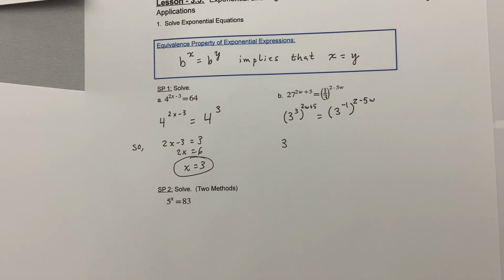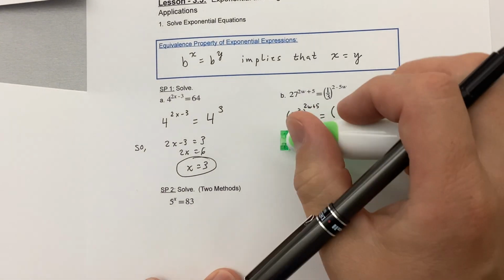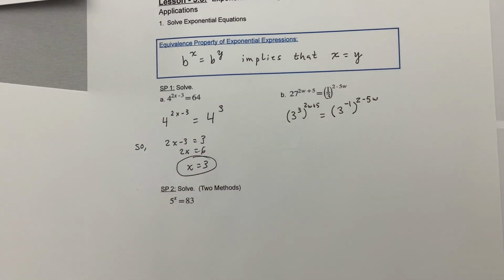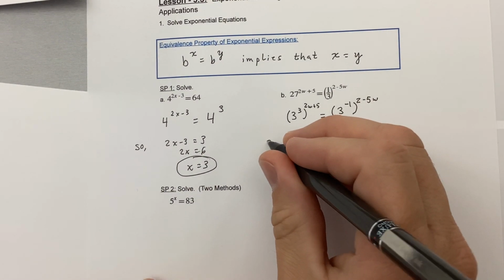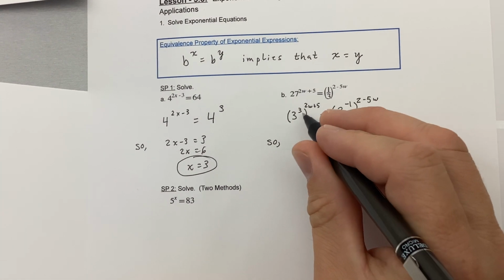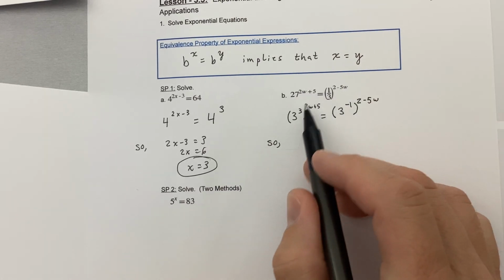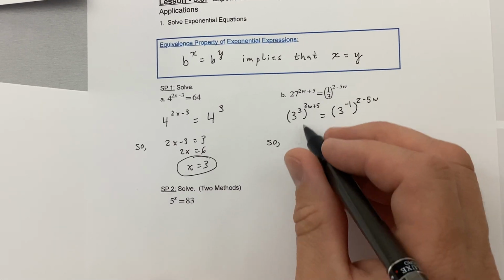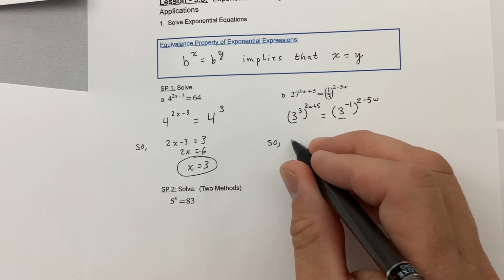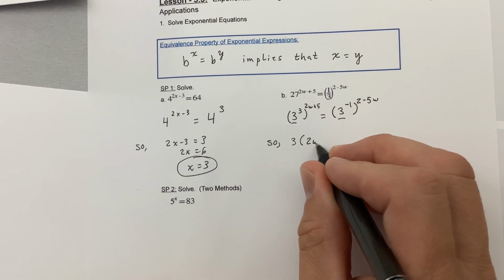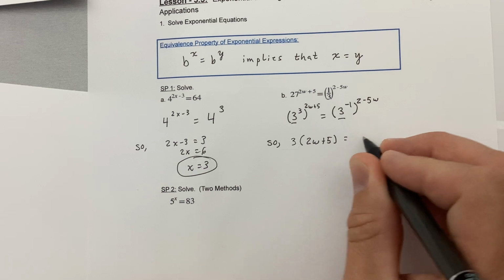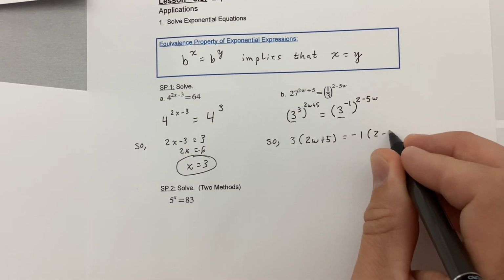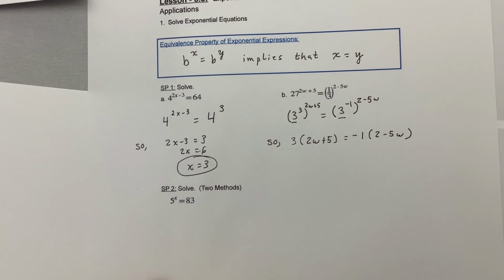Well, first of all, we can do this in the same step. That's fine. Power to a power, we're going to multiply. So we're going to take this 3 times all of the 2w plus 5. And yeah, we've got this common base here. So 3 times 2w plus 5, negative 1 times 2 minus 5w.